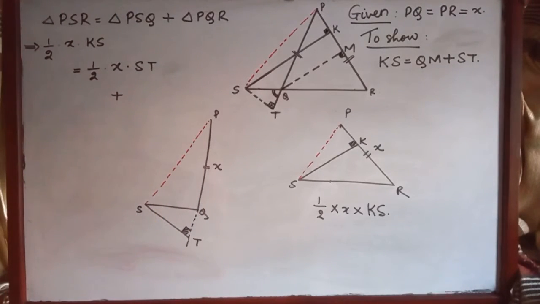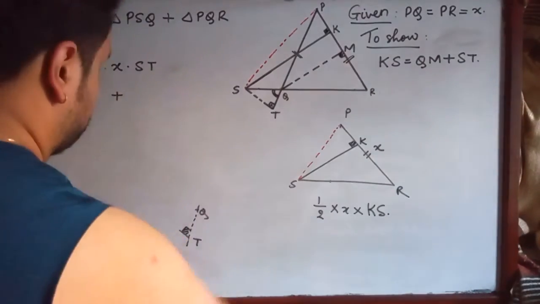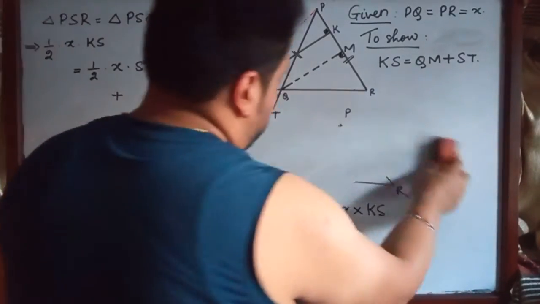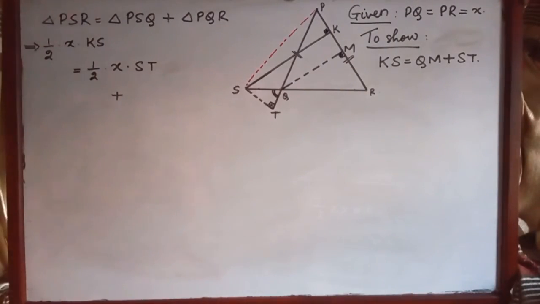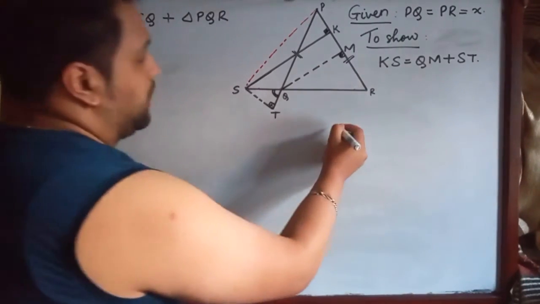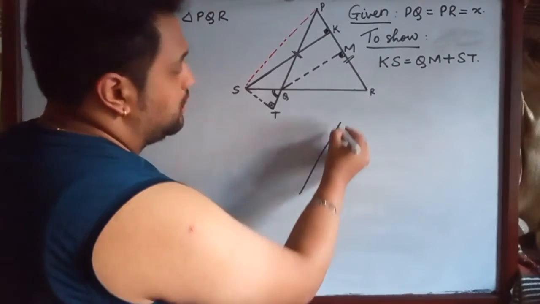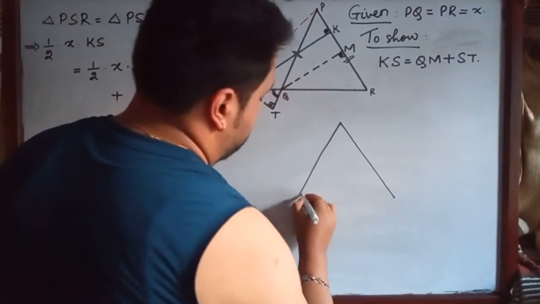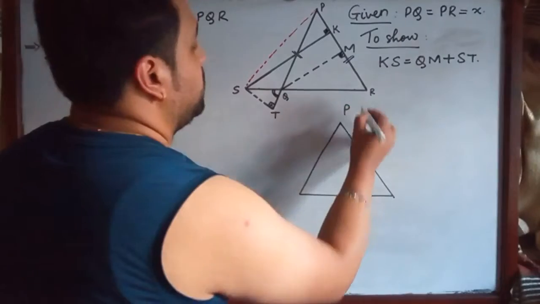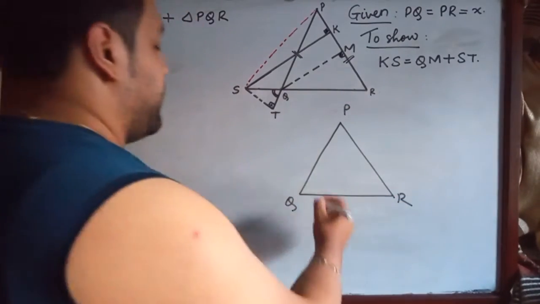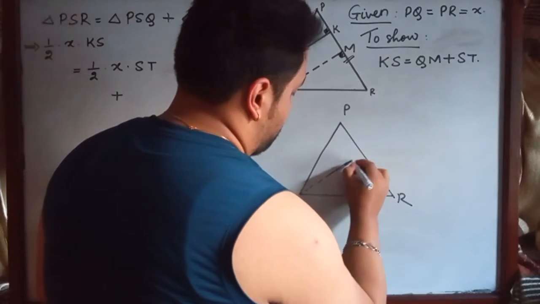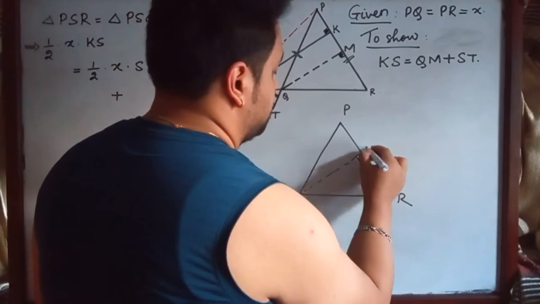Now finally let's look at triangle PQR. P, Q, and R. We have QM like this.